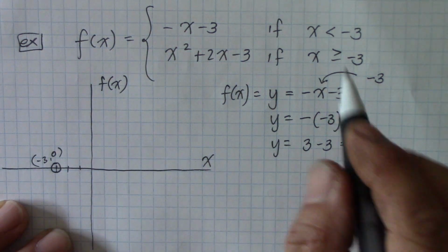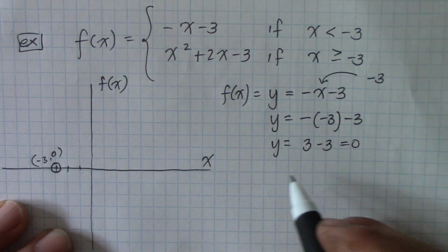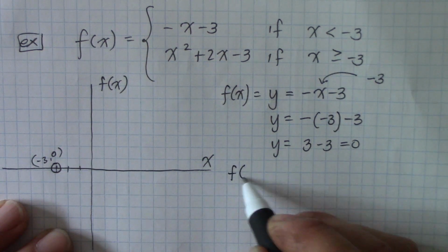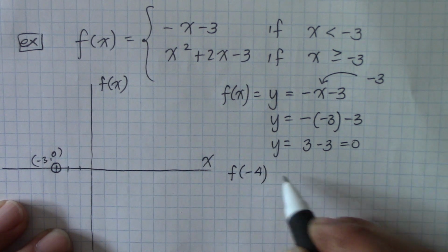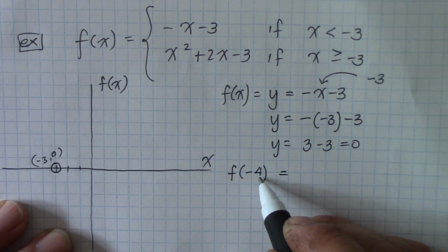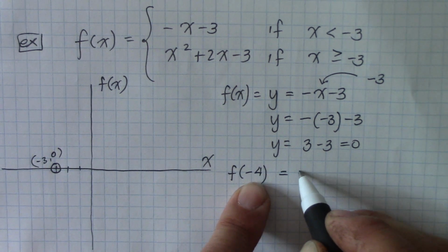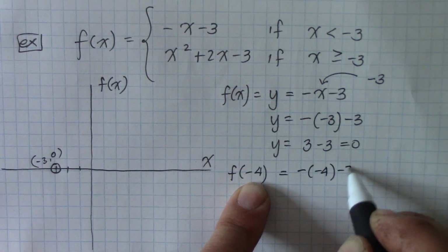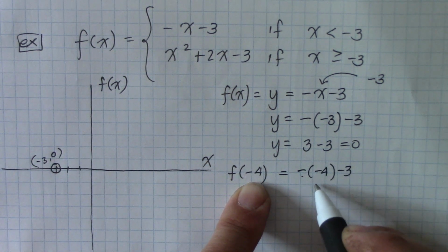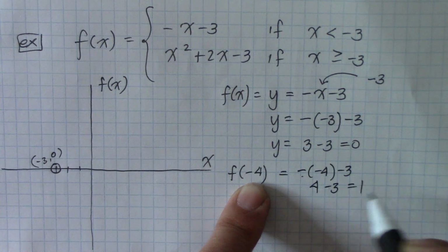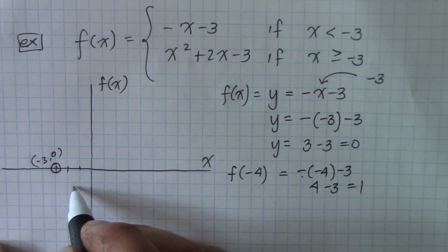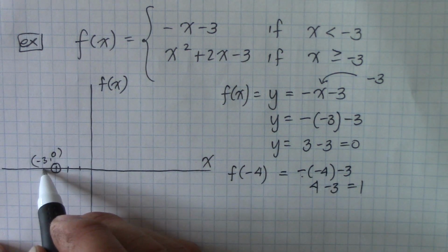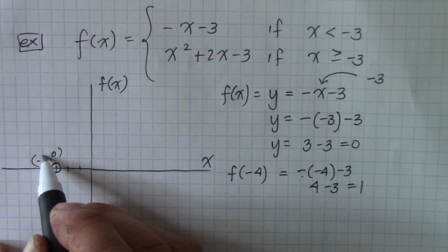And now, what is a number that is less than negative 3? You could say negative 4. So let's put in negative 4. Where the x is, negative times negative 4 minus 3. Negative times negative 4 is positive 4, minus 3, which is 1. So if x equals negative 4, y is equal to 1.